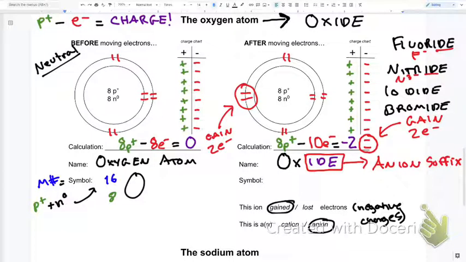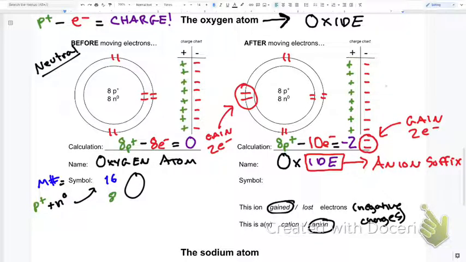If I have iodide, that IDE ending tells me I have a negatively charged atom or ion of iodine. If I have bromide, that IDE ending is telling me I have a negatively charged atom of bromine. So that IDE ending, that is your ticket to success. We can tell that it's negatively charged just by looking at the name, okay?